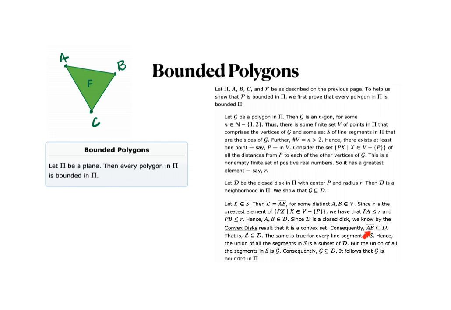Consequently, segment AB is a subset of D. That is, L is a subset of D. The same is true for every line segment in S. Hence, the union of all the segments in S is a subset of D, but the union of all the segments in S is G. Consequently, G is a subset of D. It follows that G is bounded in pi.